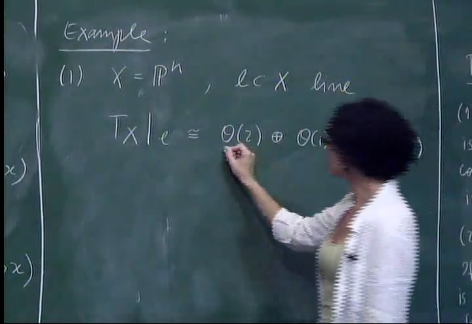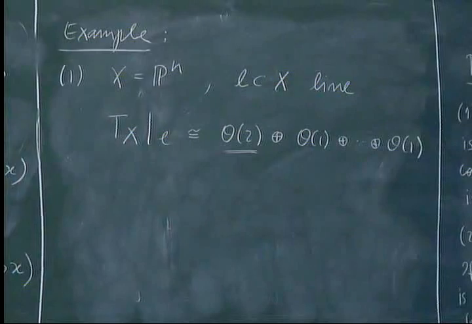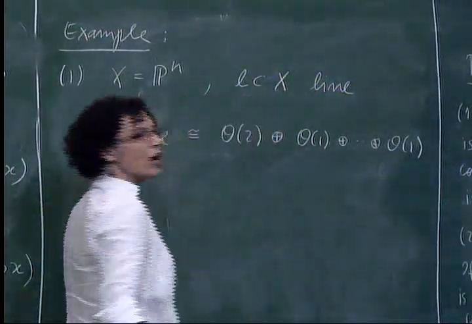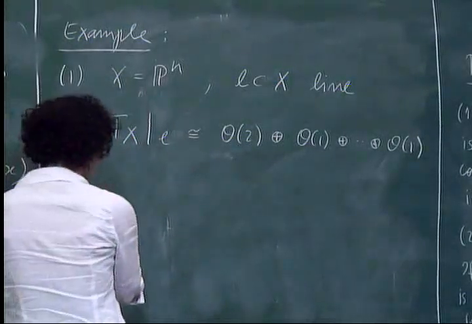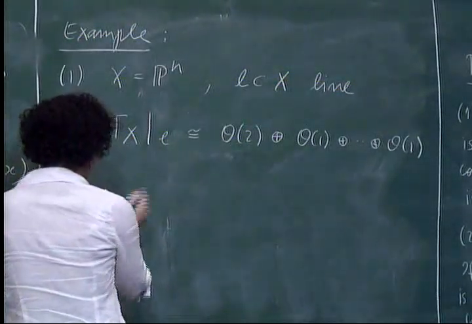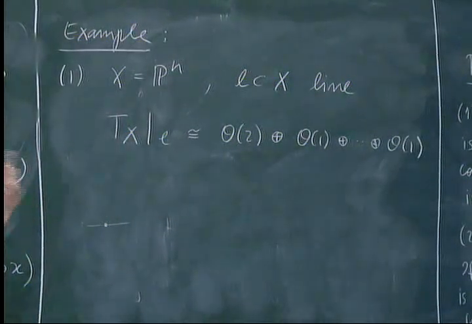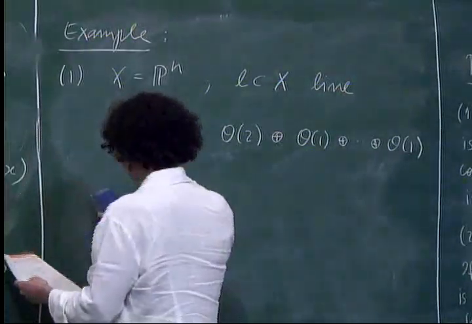You have this O(2) here, which corresponds to the tangent bundle of the line, and then all the other factors are O(1). So you see that this is very free, and indeed, if you fix a point in Pn and you let the line move, then it will sweep out the whole space. So this is indeed a very free curve.